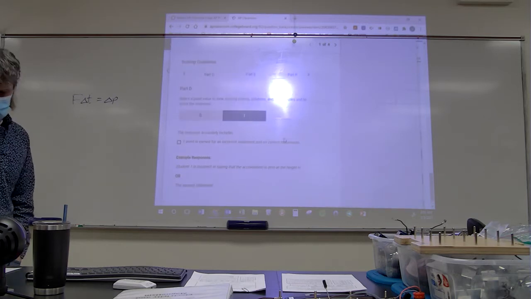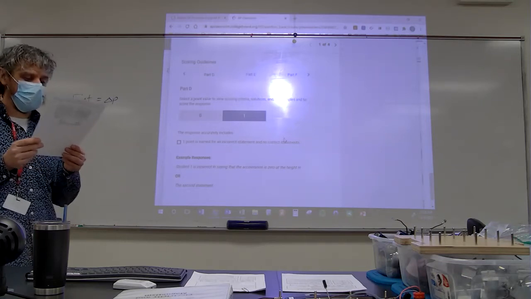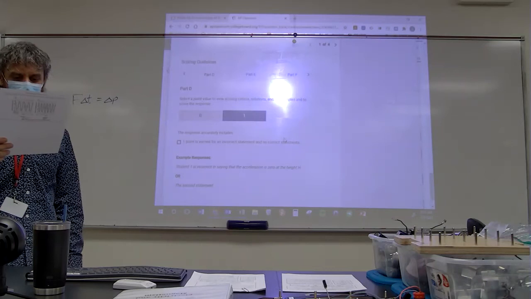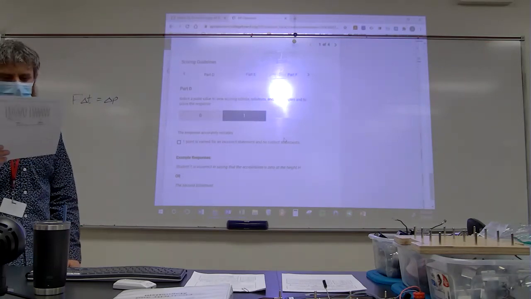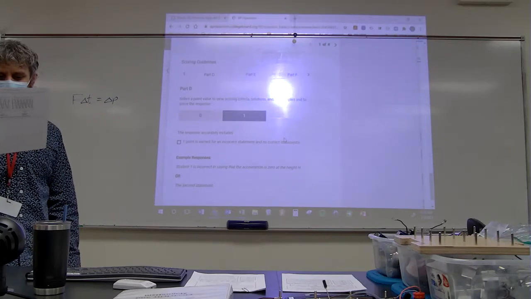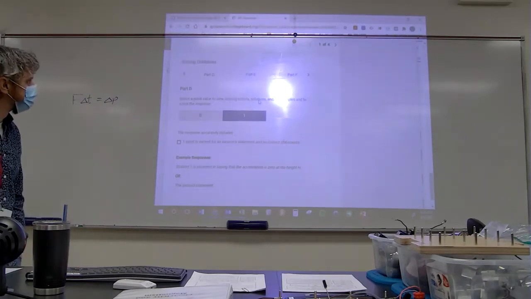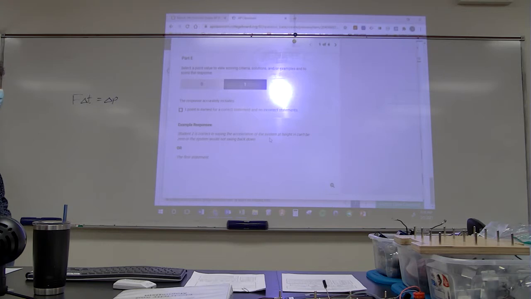All right. Now student 2 said these things. The acceleration of the system at height h can't be 0, or the system would not swing back down. That's true. The acceleration must be equal to g at height h, therefore. Okay. So which parts of those? The student is correct in saying that the acceleration of the system at height h can't be 0 or the system would not swing back down.